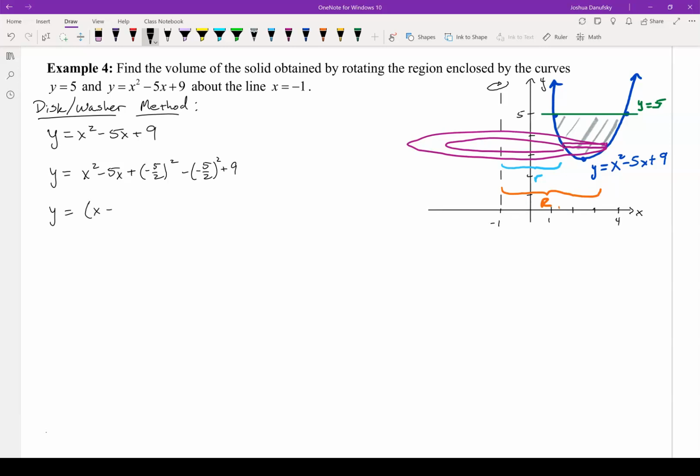Factoring, we get x minus 5/2 quantity squared. And we now have this form of our parabola. Now we can isolate x, taking the square root of both sides.